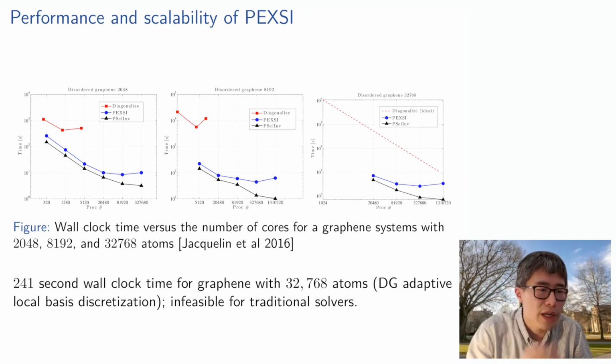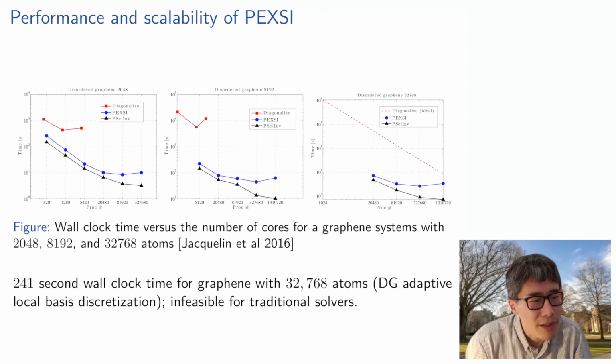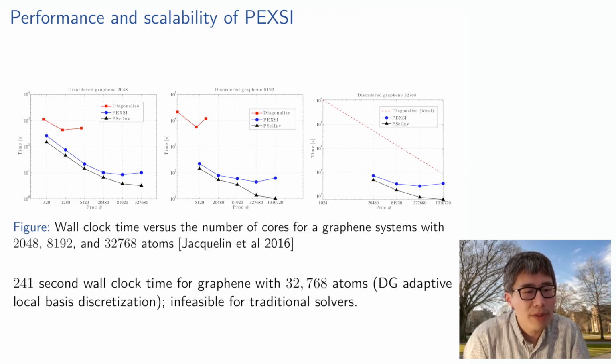Now just to give you some idea of the capability of the algorithm: remember I was telling you that if you do it traditionally, you're stuck at 100 atoms. But with these new algorithms, we can easily scale up to tens of thousands of atoms, as in this example.